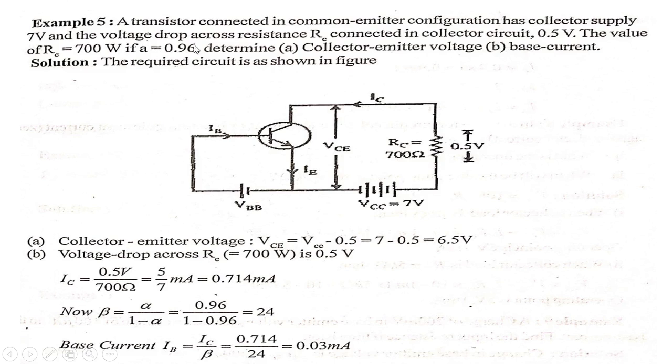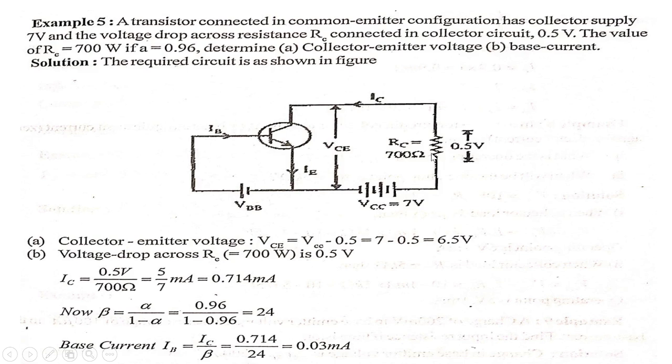A transistor connected in common emitter configuration has collector supply 7 volt and voltage drop across resistor RC connected in collector circuit 0.5 volt.